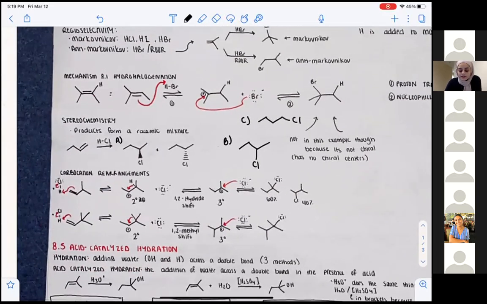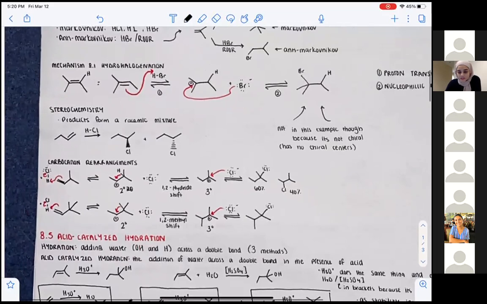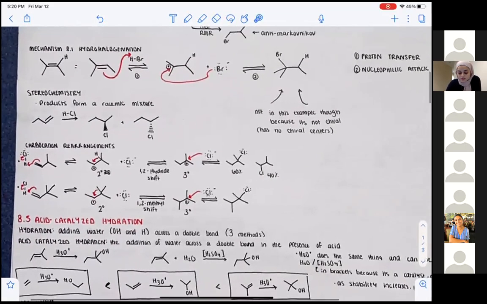So that's how he would have the options. But definitely know racemic mixture stuff as well, like which ones are forming racemic mixtures.